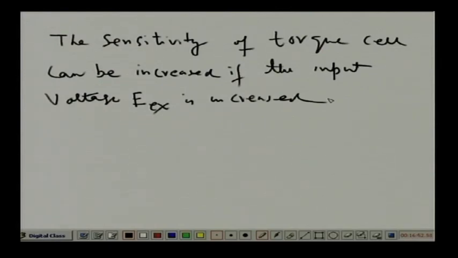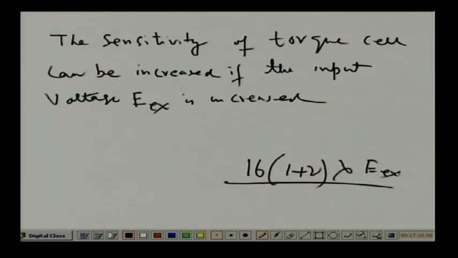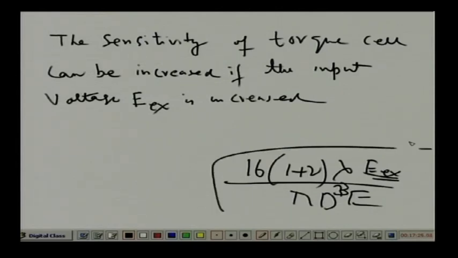The sensitivity is 16 (1 plus nu) lambda Eex upon pi d cube E, so if I increase Eex, obviously my sensitivity will increase, right. The voltage Eex is increased, so that is given as it is.